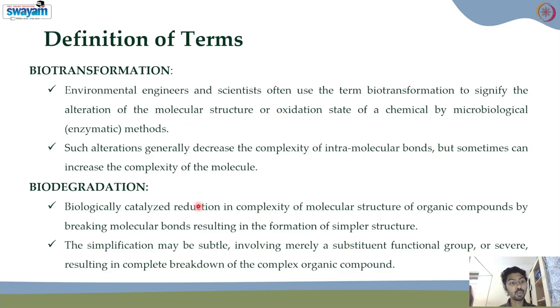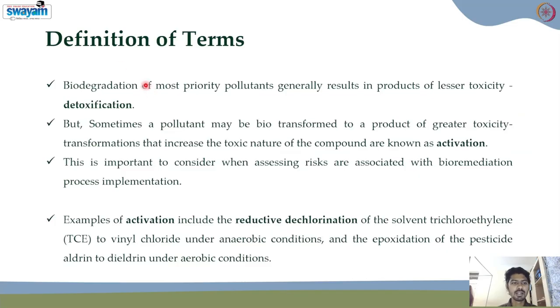So these are the two important terms, and you need to understand the difference between them. Then the biodegradation of most priority pollutants, which are emerging pollutants, often results in lesser toxicity. That is, through biodegradation we get lesser, non-toxic products, and we also call this process detoxification. That is, removing the toxic behavior of the organic compound using the microorganism.